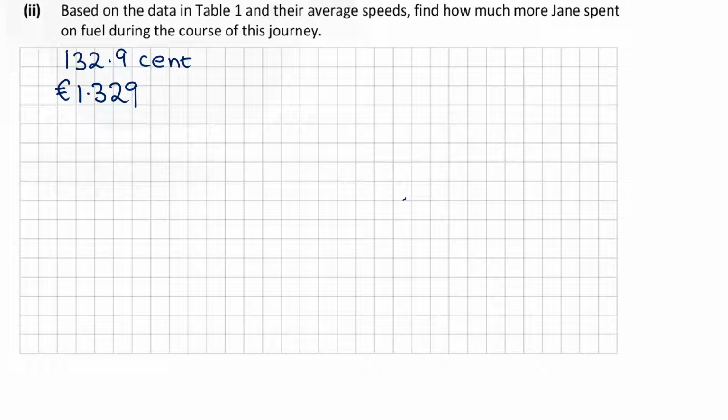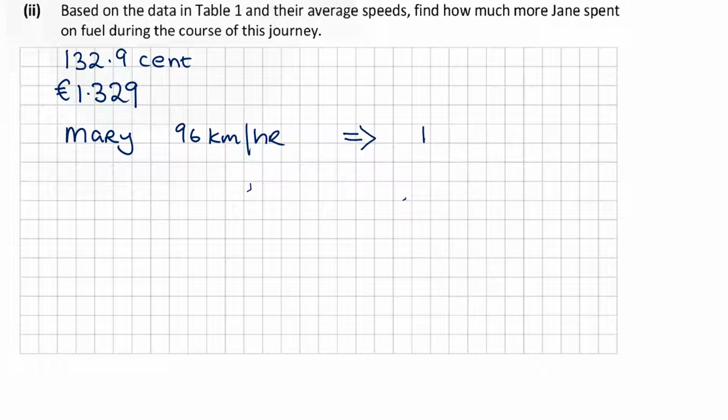So we also know that Mary, if we go back to the question, I've taken it off here now, but we knew that Mary was travelling at a speed of 96 kilometres per hour. So we know that for 96 kilometres per hour, the fuel consumption, in kilometres per litre, was 11.